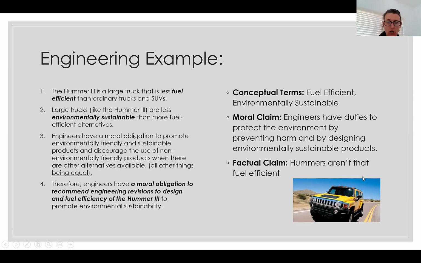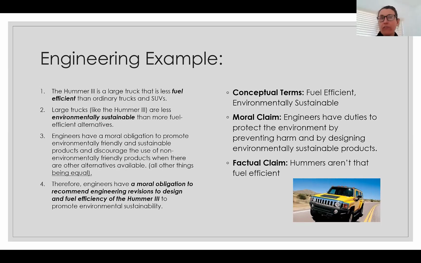Okay, and again, this is how you can object to this argument. You can say, that's not true. Hummers are similar, so a Hummer with the equipment on it gets the same fuel efficiency as, I don't know, a Toyota Land Rover with equipment on it.